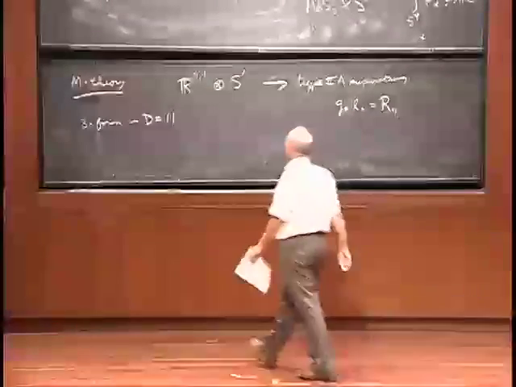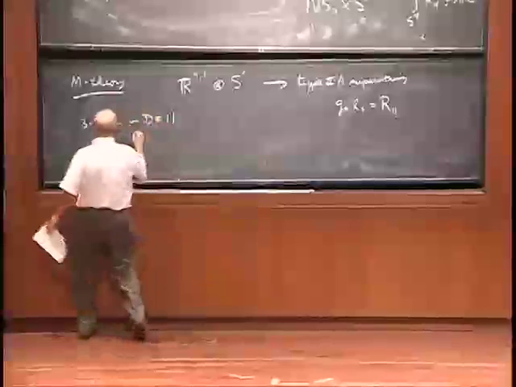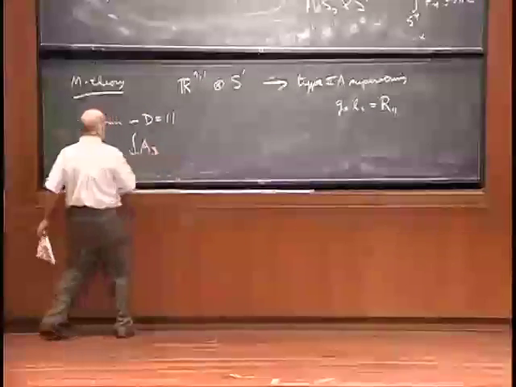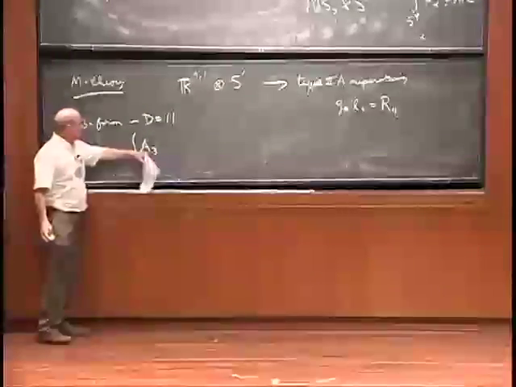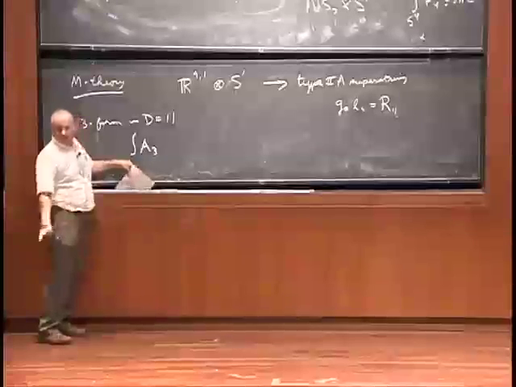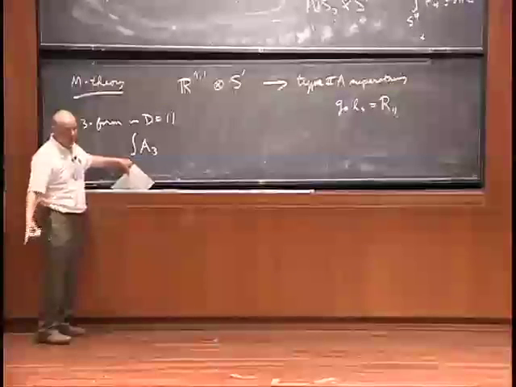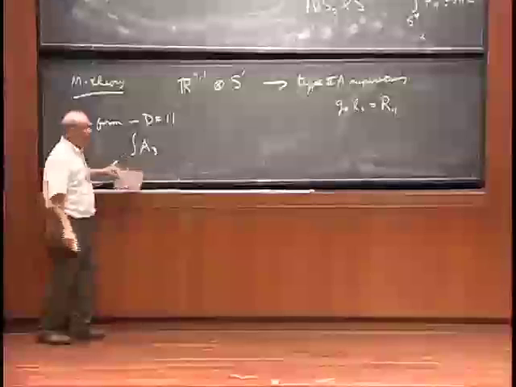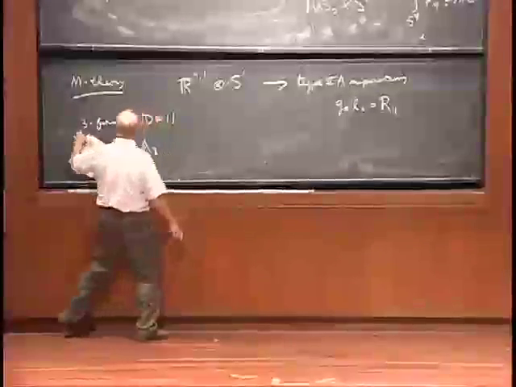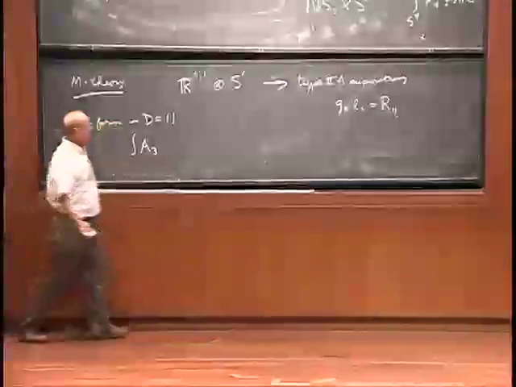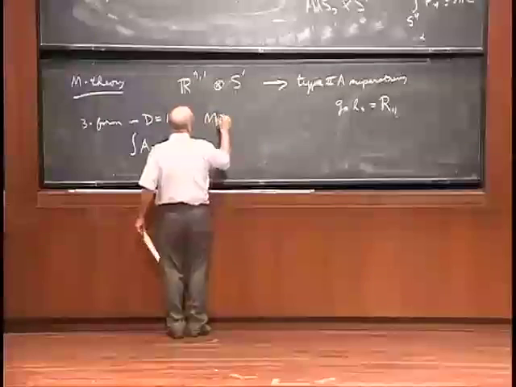Such a form would couple electrically to a worldsheet that has 3 dimensions, and that's what we call a 2-brane, because we never count time, we just count the spatial directions. So there's a 2-brane that would couple electrically to this 3-form, and since it belongs to M theory, it is called the M2 brane.